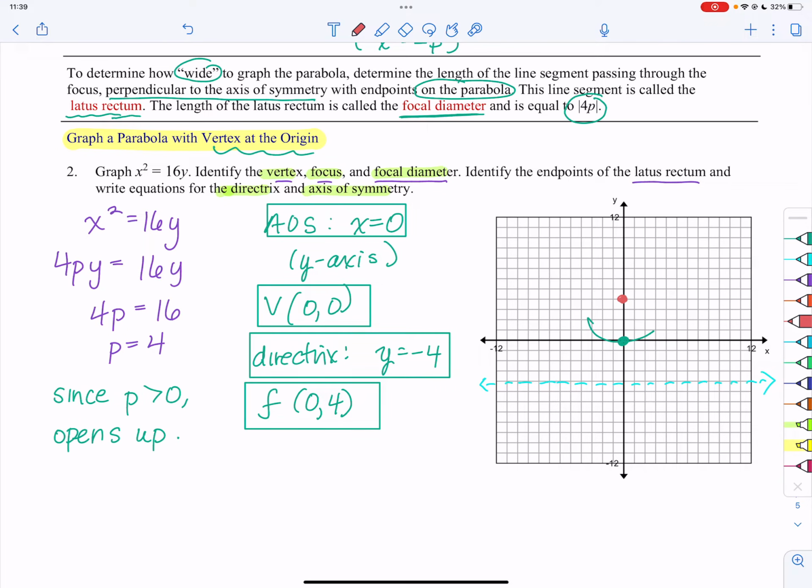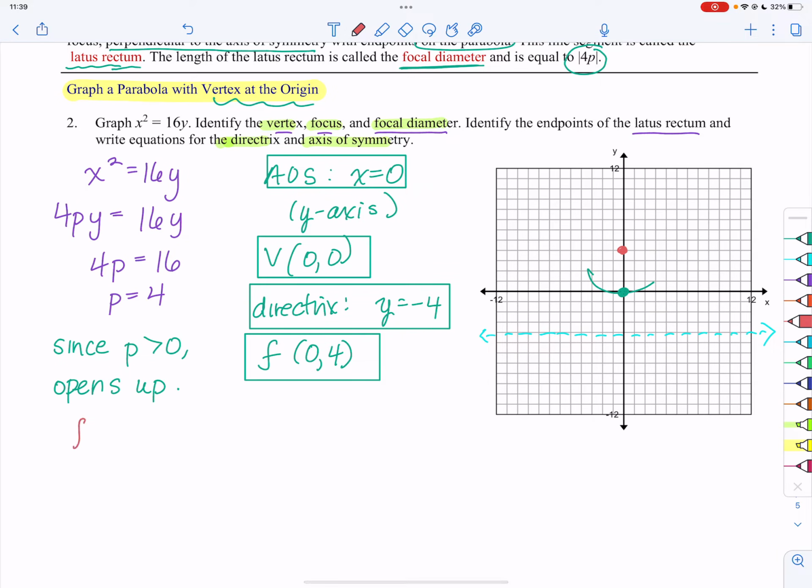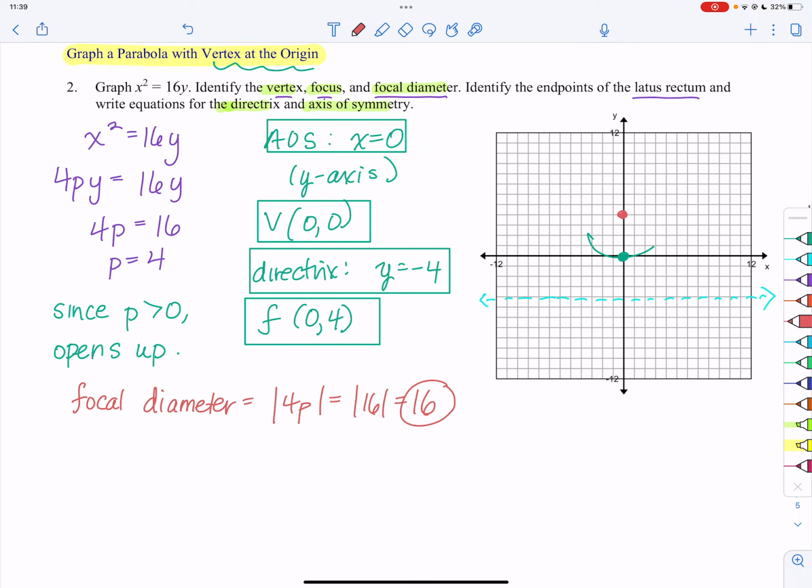And now we can go ahead and talk about the focal diameter. So that focal diameter is equal to the absolute value of 4p, and that's going to be the absolute value of 16, and it's going to be equal to 16. So the endpoints will be (8, 4) and (-8, 4). So 1, 2, 3.